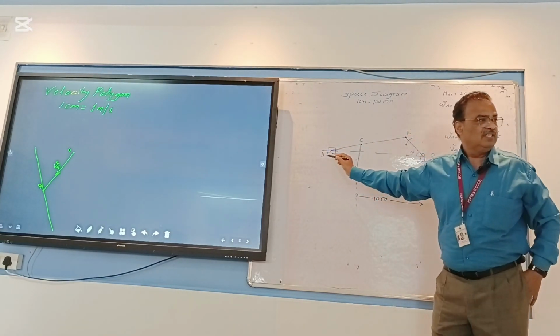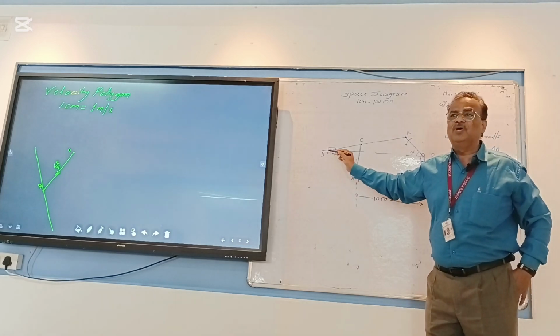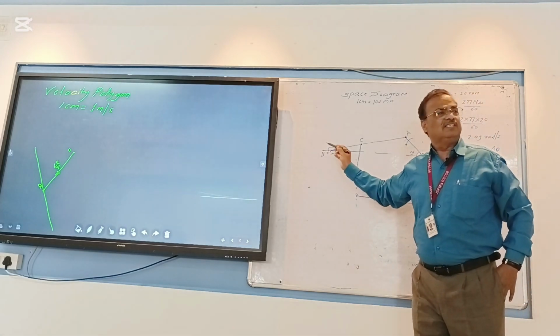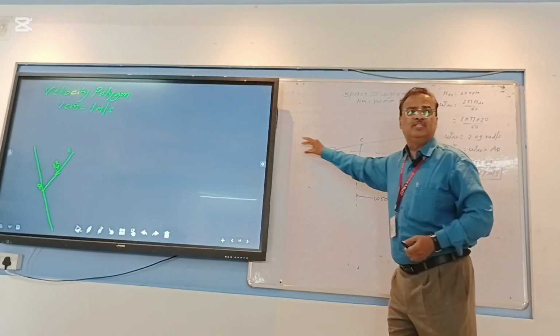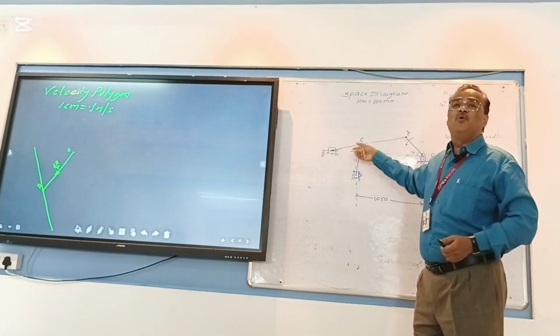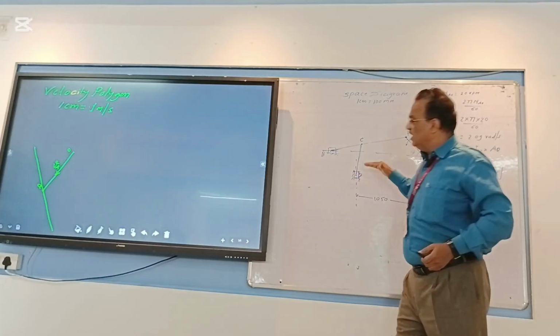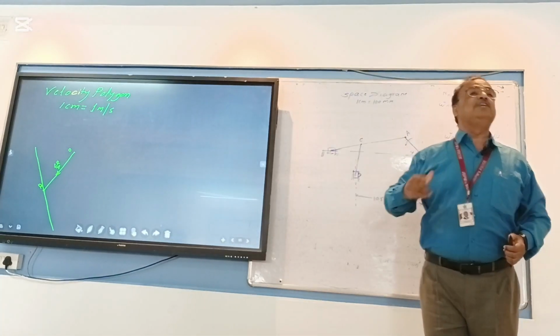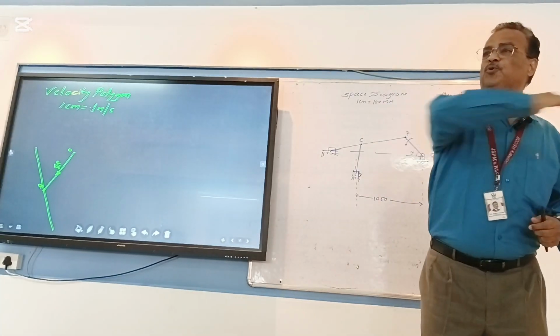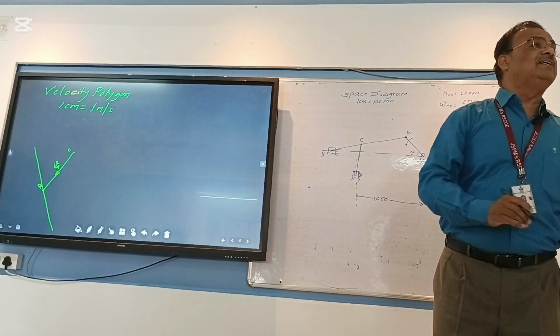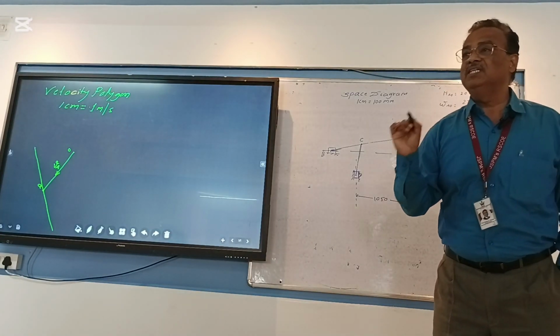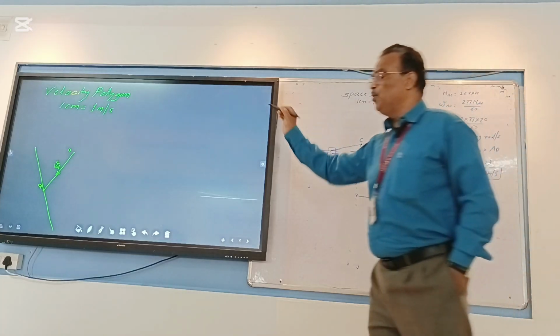Next link is the slider. What is the velocity vector for the slider? I told you this slider is moving horizontally. Yes or no? Yes. The line parallel to the line of stroke of that slider. Line of stroke of the slider is horizontal. From where do you have to show that vector of the slider? From the pole. Where is the pole here?